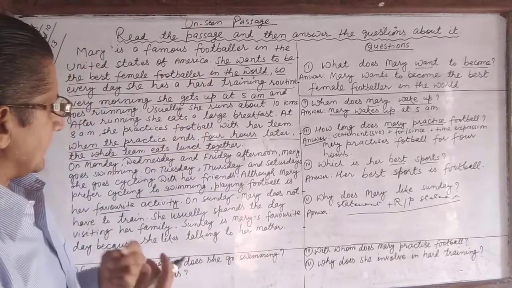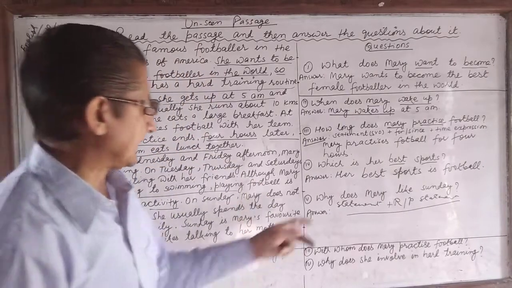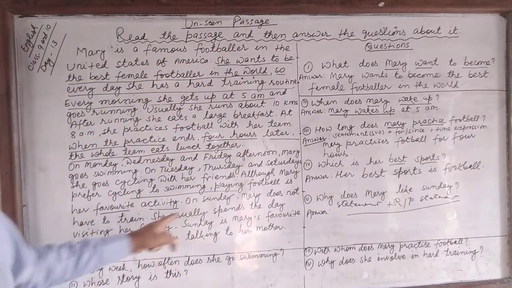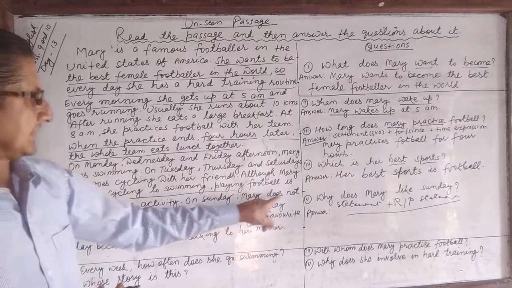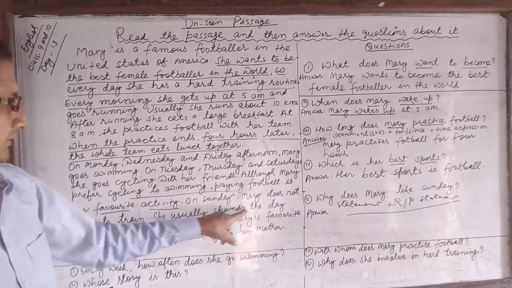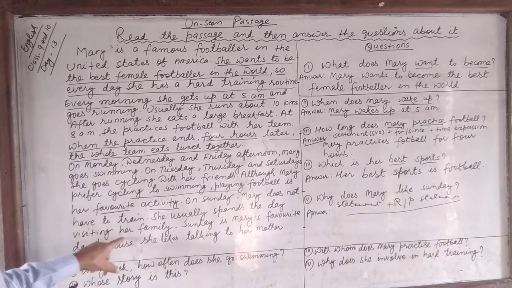Now let's read the passage. Why does Mary like Sunday? On Sunday, Mary doesn't have to train. She usually spends the day visiting her family.